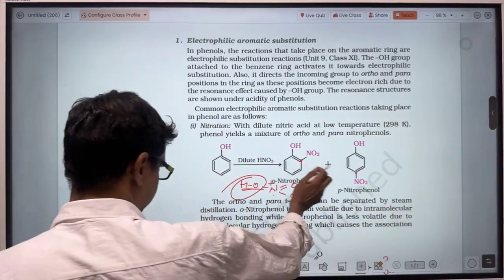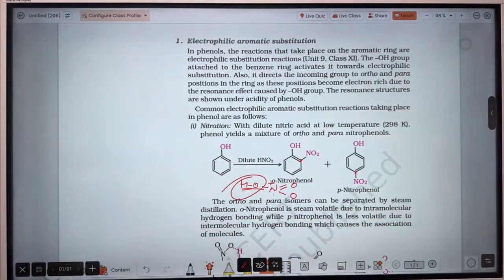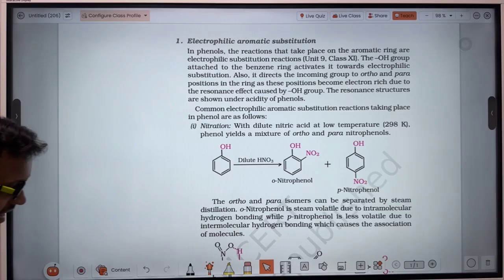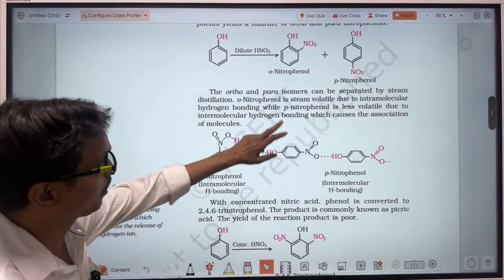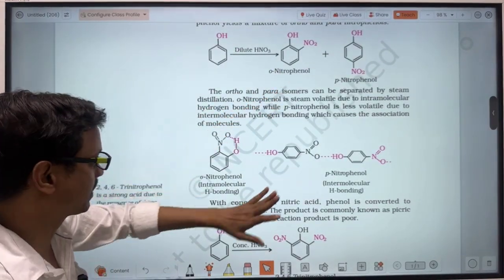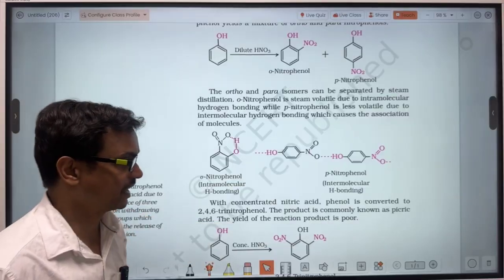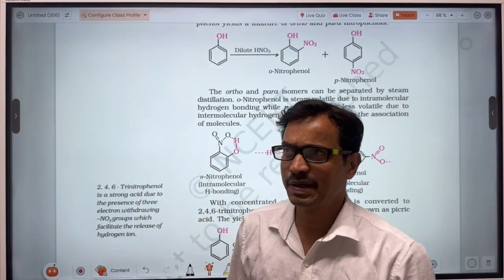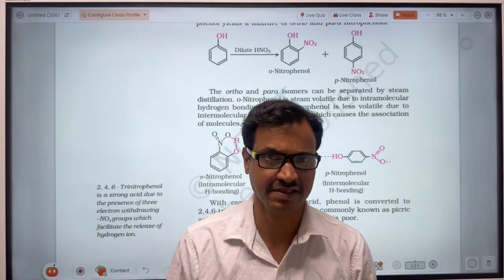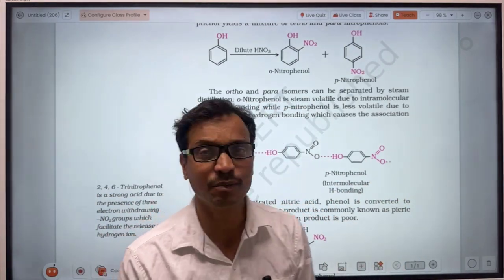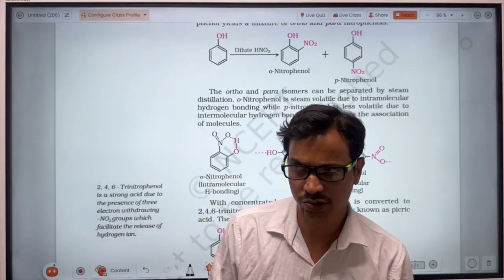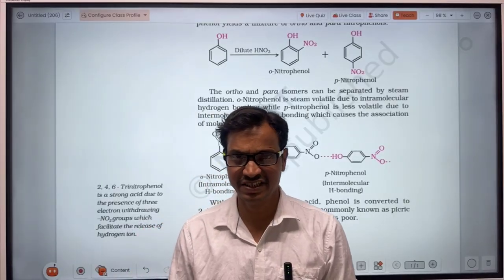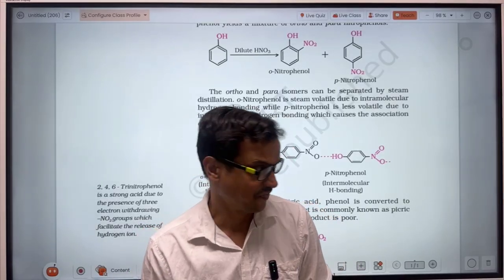One interesting fact about orthonitrophenol and para-nitrophenol is that both can be separated through fractional distillation. There will be a wide difference in the boiling points of orthonitrophenol and para-nitrophenol.